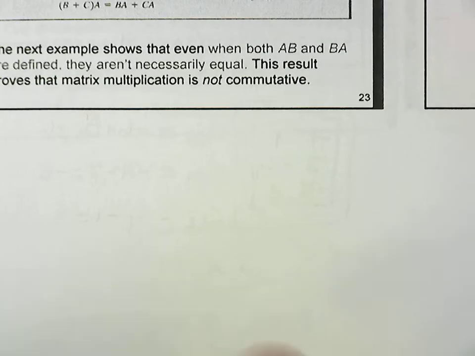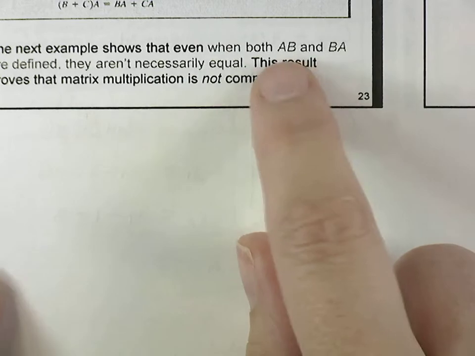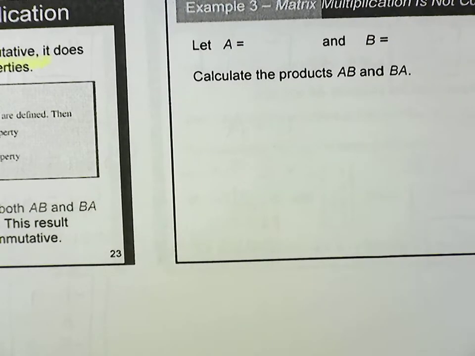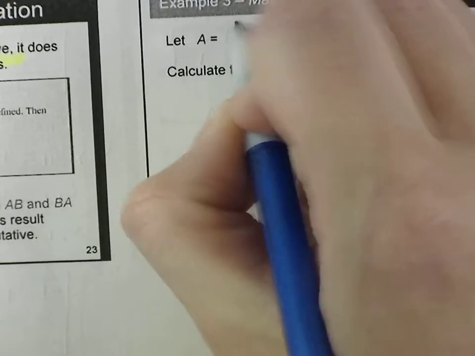Okay, so the next example we're going to go over is going to show even though AB and BA are both going to be defined, it doesn't mean that they're going to be equal. So even if you have AB and BA, the result is not going to be the same.